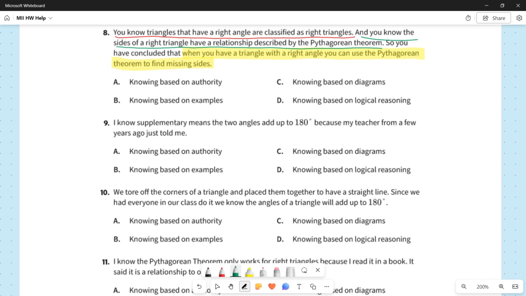So question 8 is building up to this idea that's highlighted about what you can use when you have a right triangle. And because we are using the red sentence and the green sentence to get the highlighted sentence, this is actually not authority.